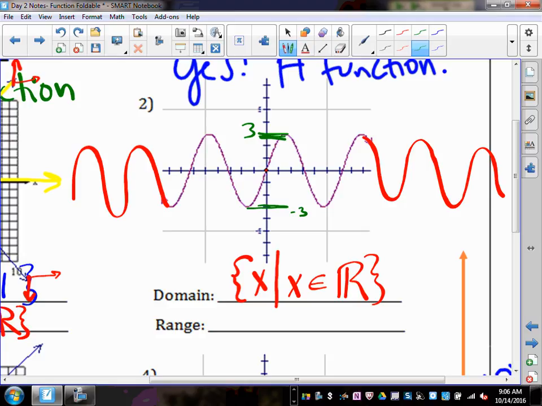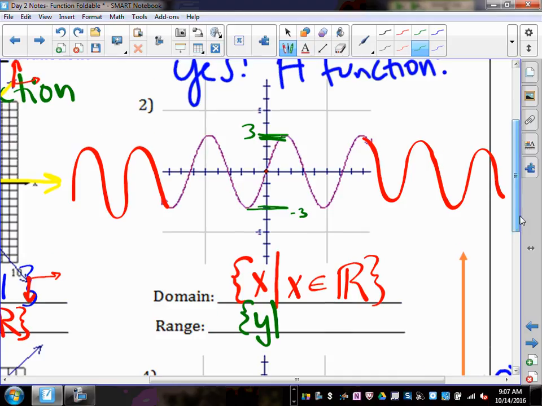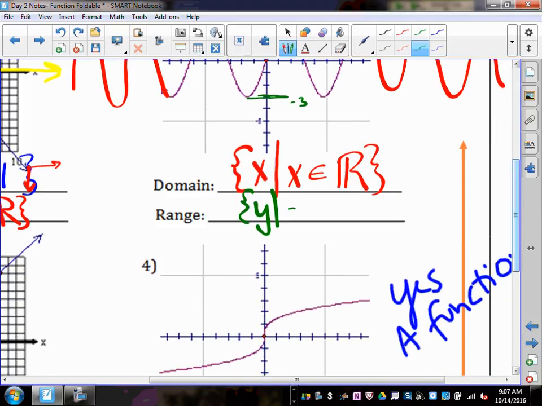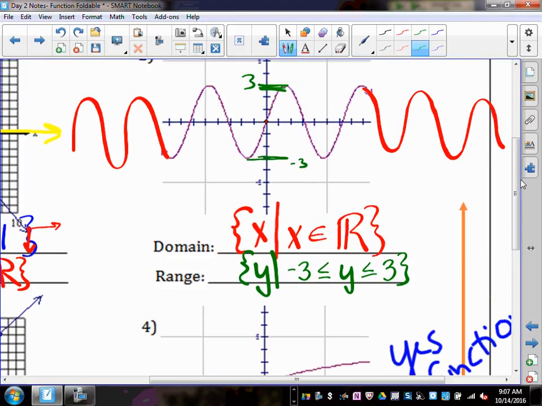So my y values, my range, is y such that y is between -3 and +3. So we just write this as an inequality. I actually have that point, so I have the line underneath it, or equal to. So it's everything in between -3 and 3.